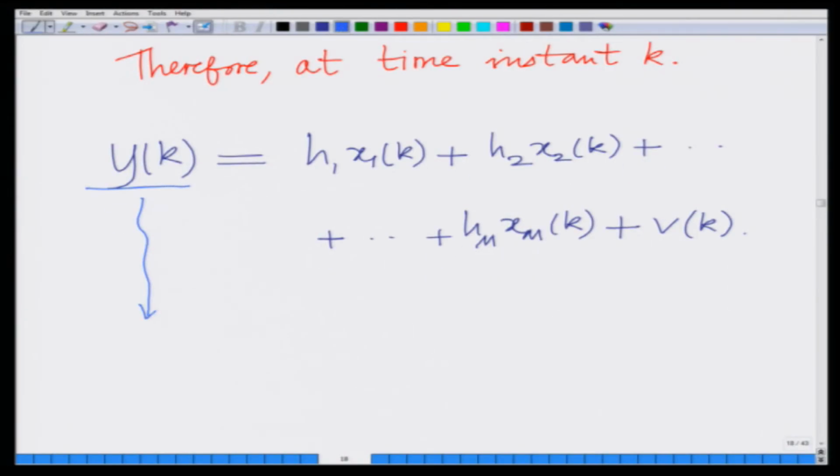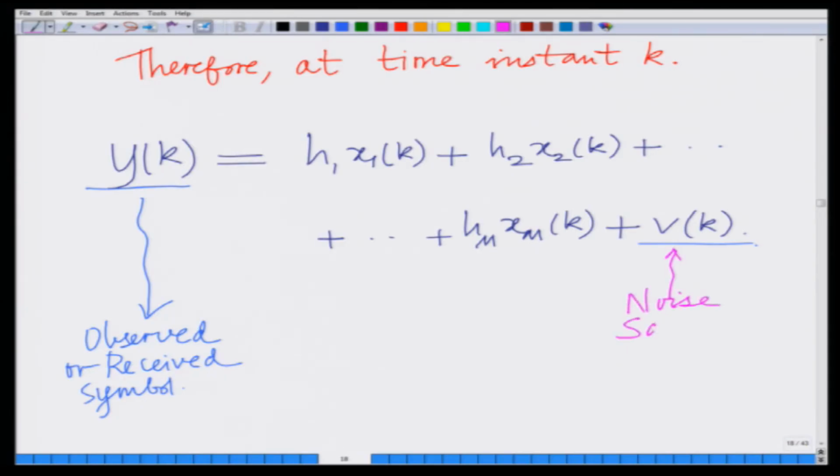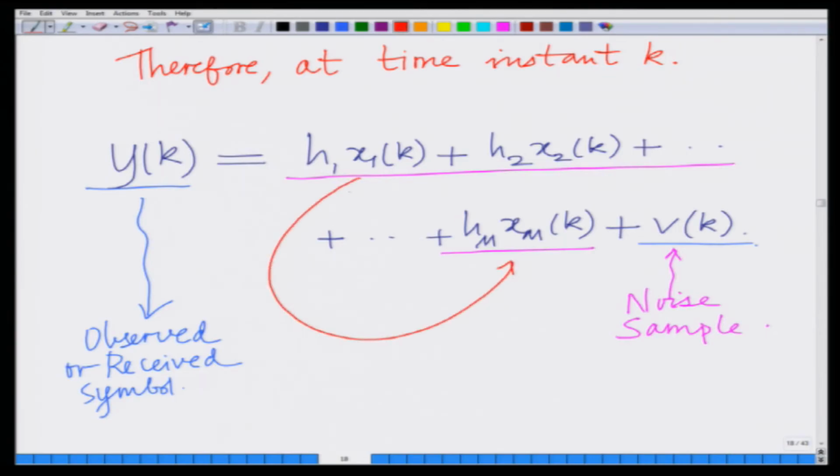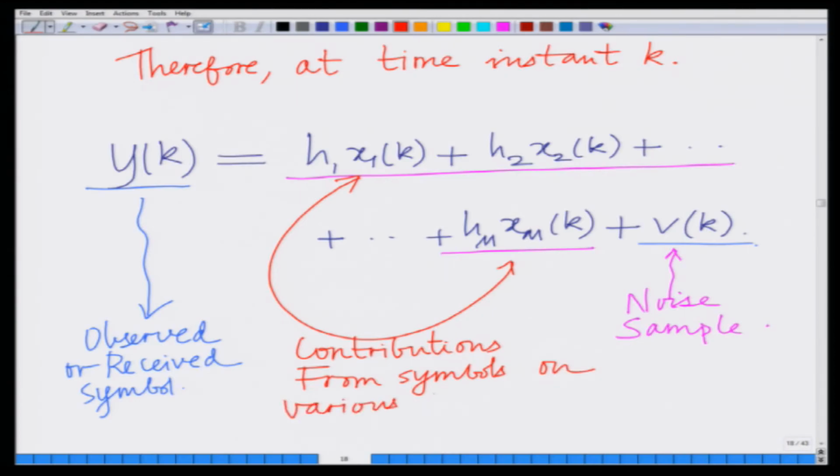Okay. So, let me describe that. yk is the observed, or one can say received, symbol. vk is basically your noise sample, and these are the contributions from symbols transmitted on the various transmit antennas.